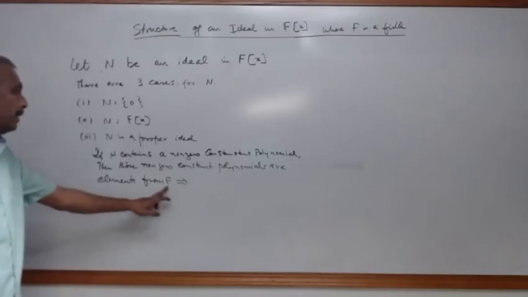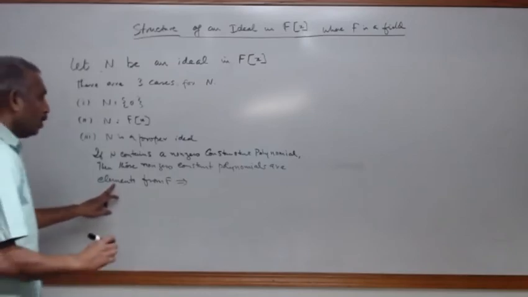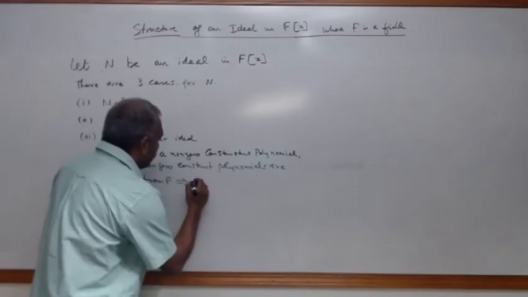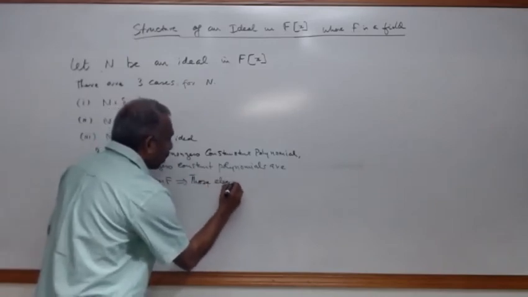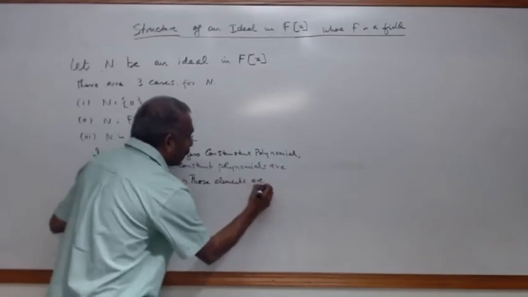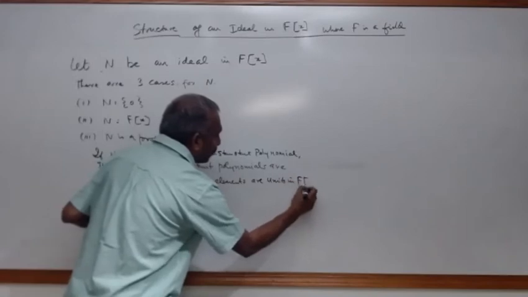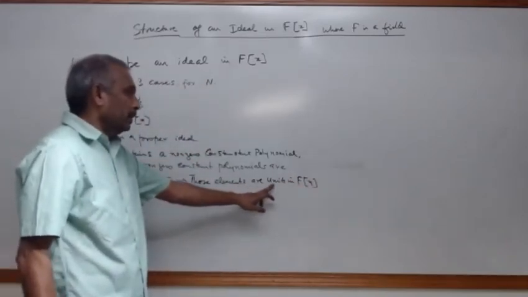Elements from F means those elements have multiplicative inverse or they are units. That means those elements are units in F[x] because they have multiplicative inverse.